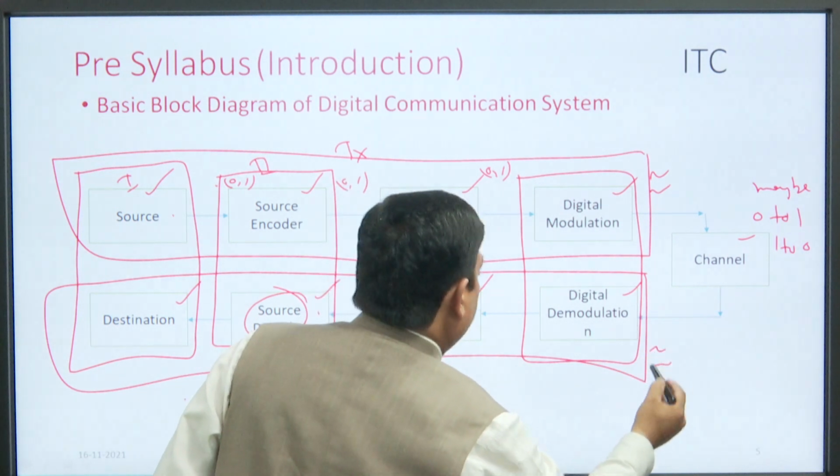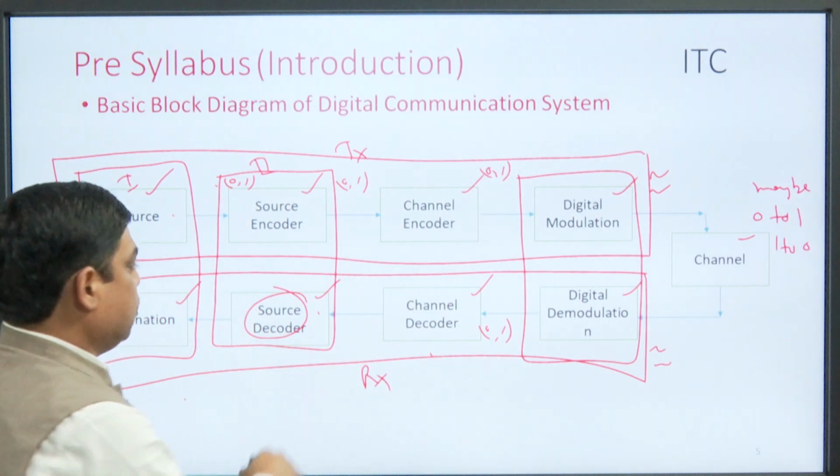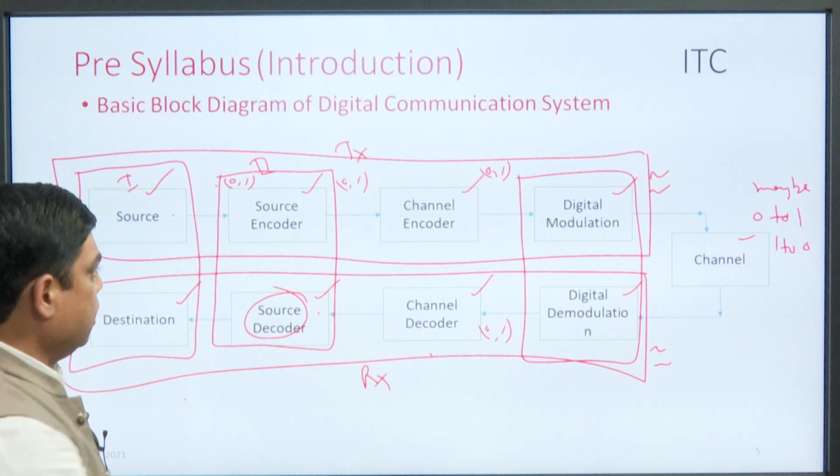Again it is converted into binary form, then decoded through channel decoding.